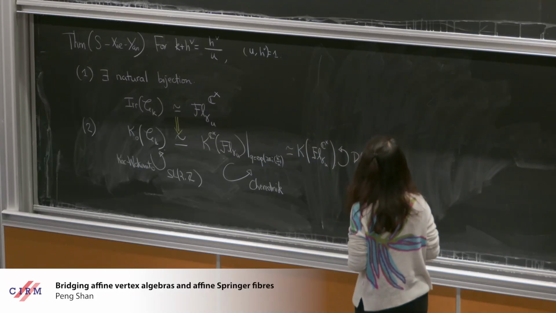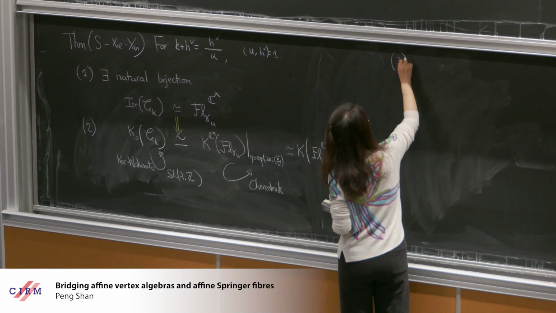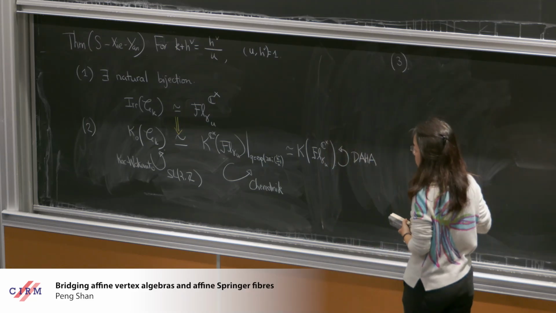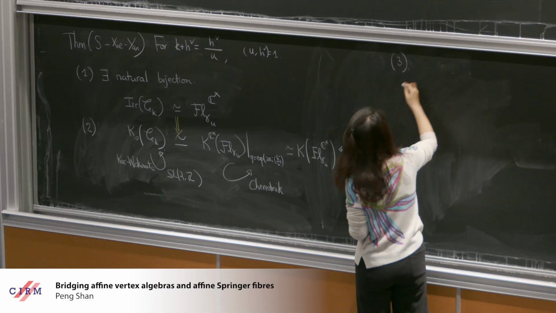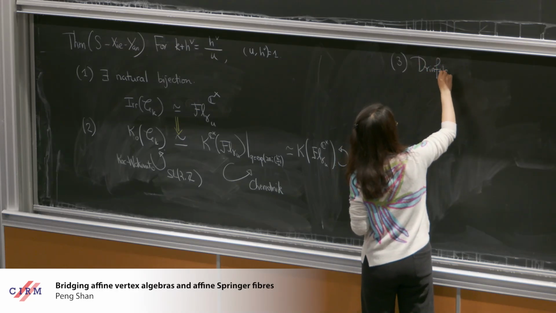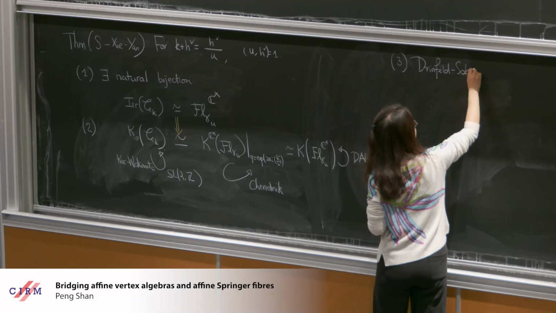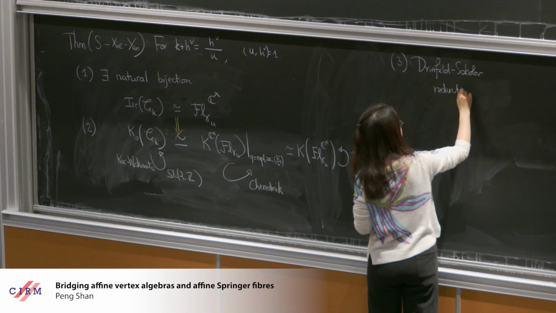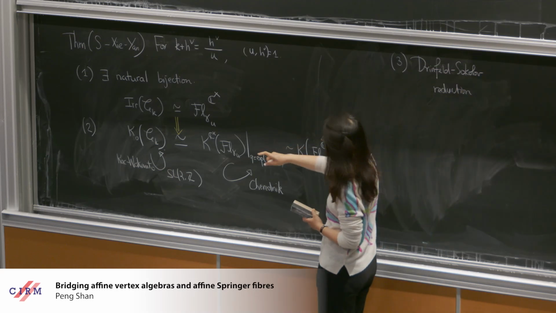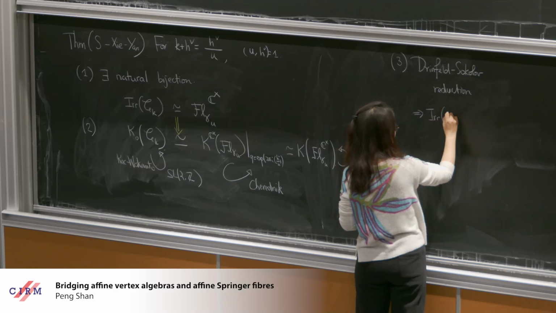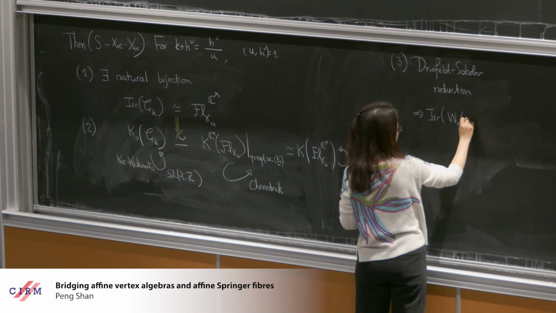And finally, there is some compatibility, which I would just mention without going into detail. On vertex algebras, one can perform a so-called Drinfeld-Sokolov reduction, to obtain from representations of L_k irreducible representations of W-algebras, which depend on some nilpotent element f.